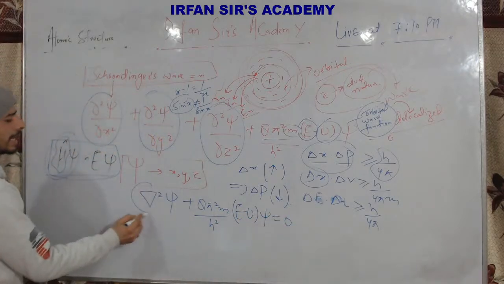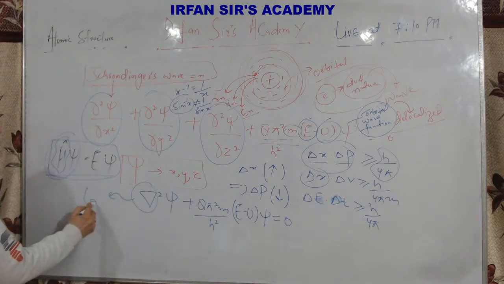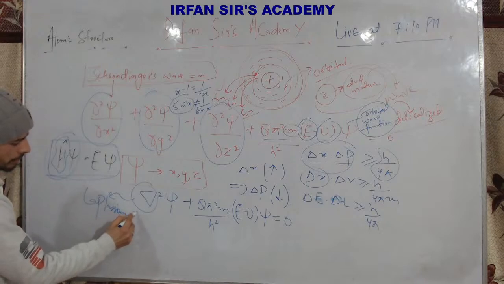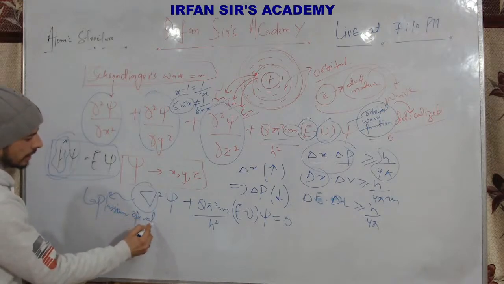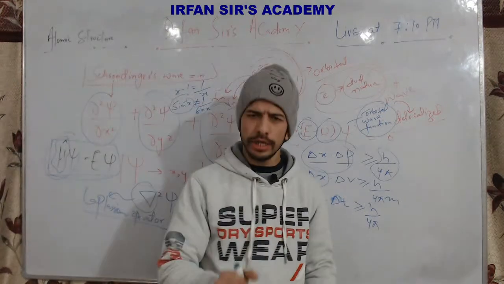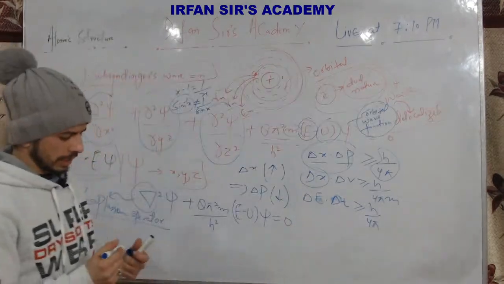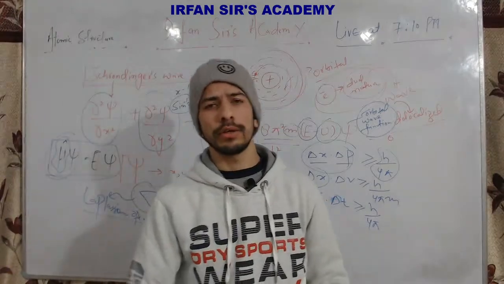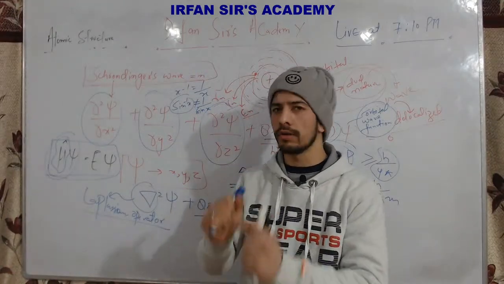Sir, what is this del? Del is called the Laplacian operator. You can write the Schrodinger wave equation also in this form. There is a great contribution of Heisenberg and Schrodinger towards the quantum mechanical model of the atom.